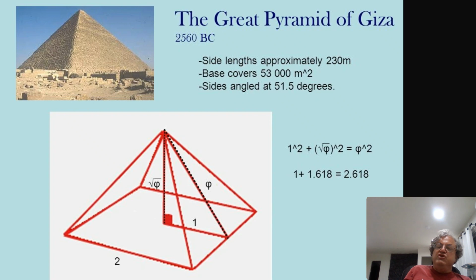And there's one more numerical coincidence I just want to mention very briefly. It turns out pi also appears in the geometry of the Great Pyramid. If you take the ratio of the perimeter, which is 8, and divide that by the height, maybe 8 divided by the square root of phi, I think that's 2 pi.